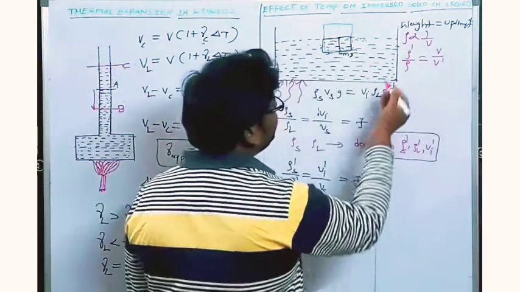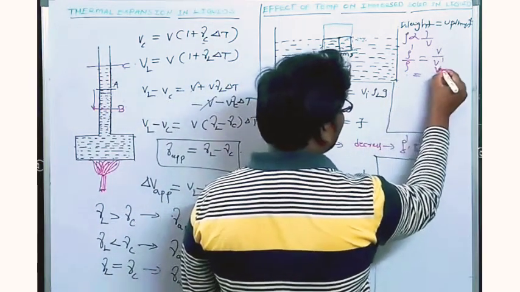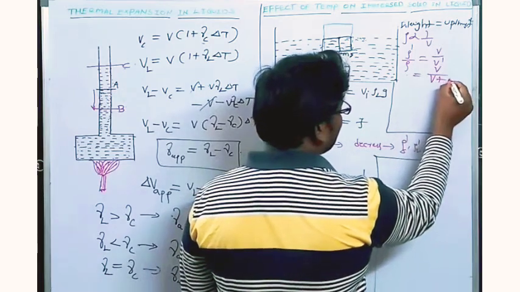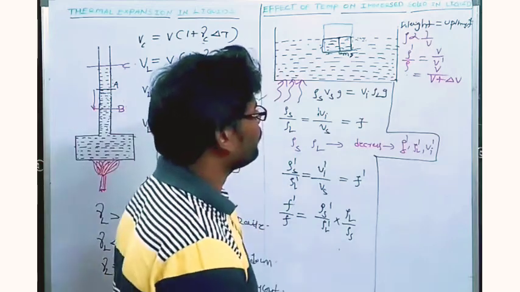right? So here V by V dash means the final volume of the body is V plus delta V, right?